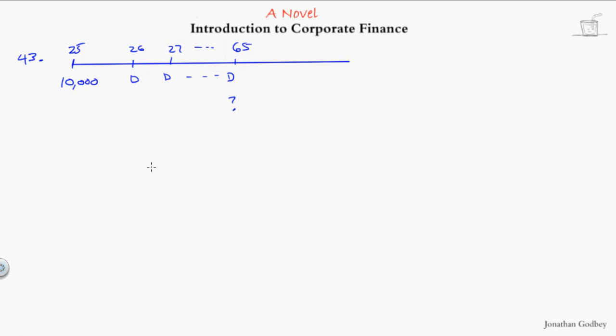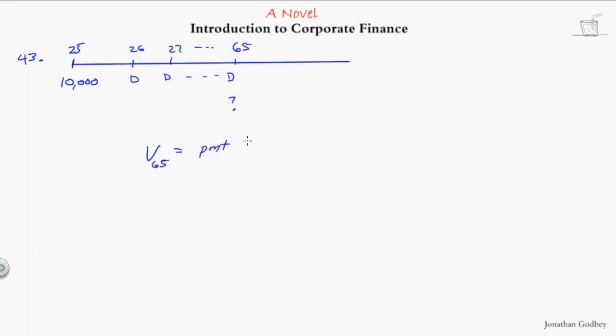Okay, so the value at year 65 is going to be equal to the payment. So these are going to increase over time. So you can look back in the book and find this formula.